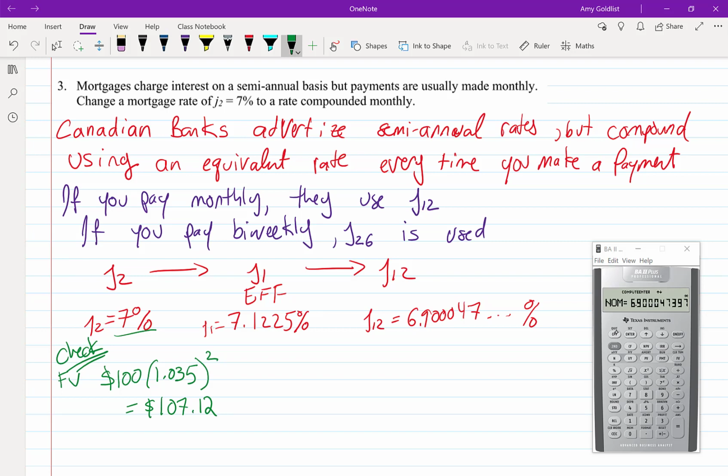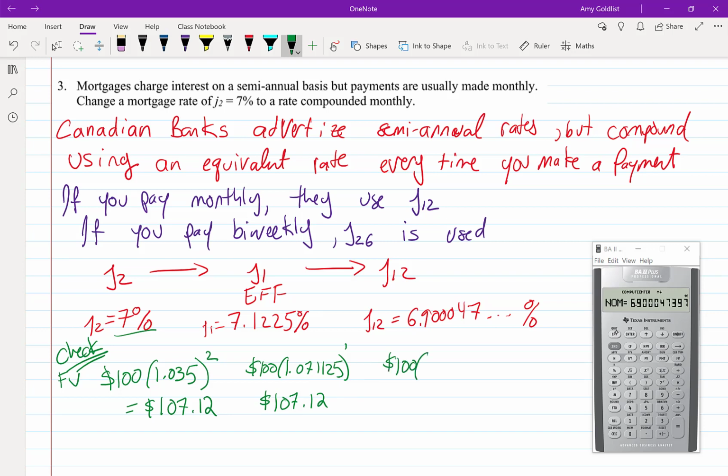Let's do that with the effective rate in the middle here. 1.071225 to the 1 is, when I round it, 107.12. Same thing.